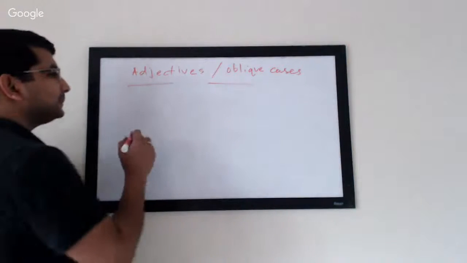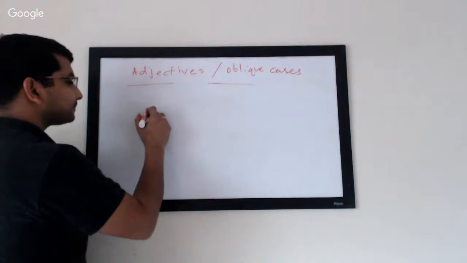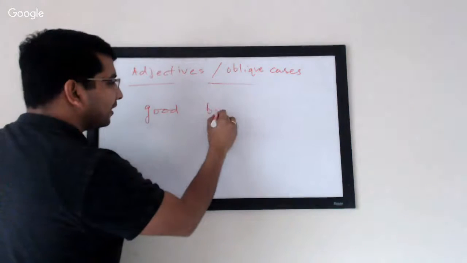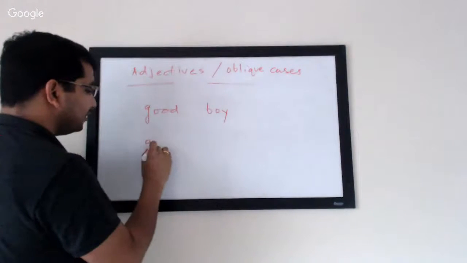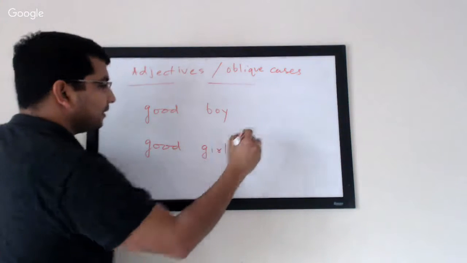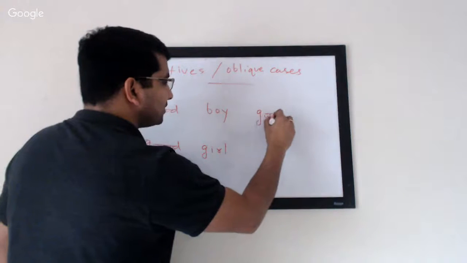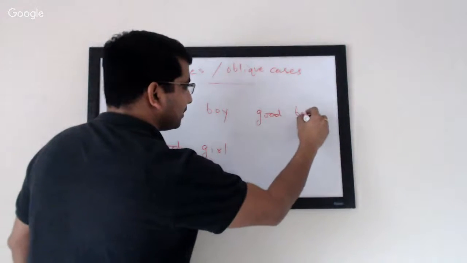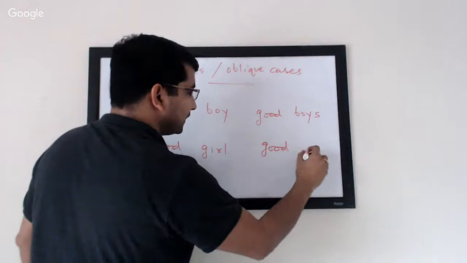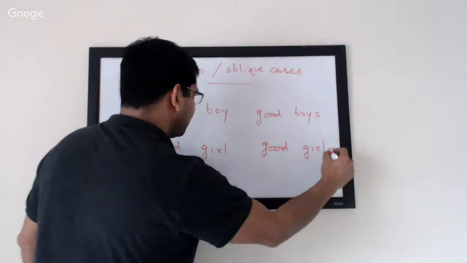Right. So let's see. In English, it's straightforward: good boy, good girl, good boys, and good girls.